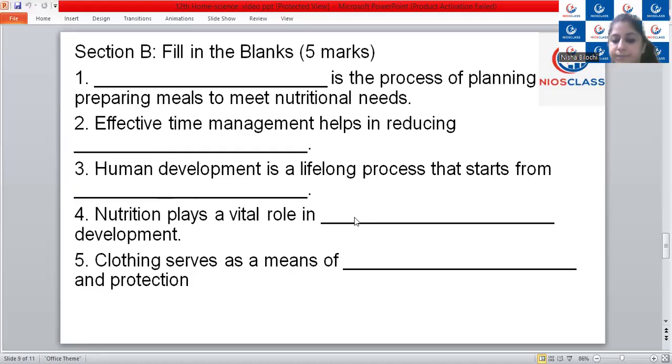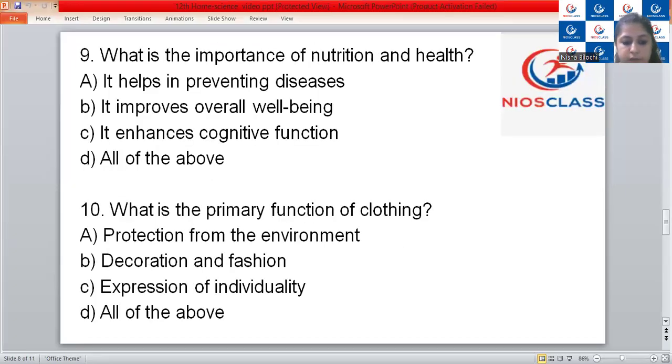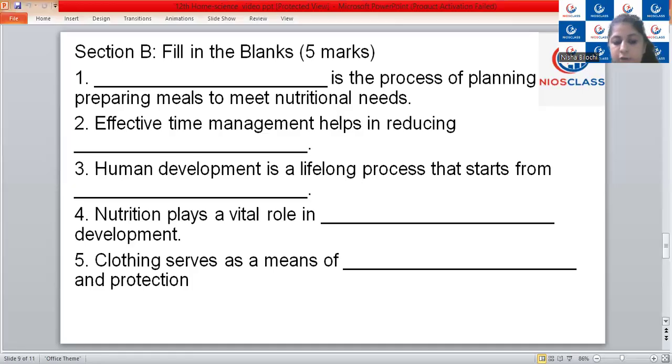Okay. Yes, clothing serves as a means of dash and protection, right? Dash and protection. So you can write down here also, you must have seen, security and protection. Security and protection.